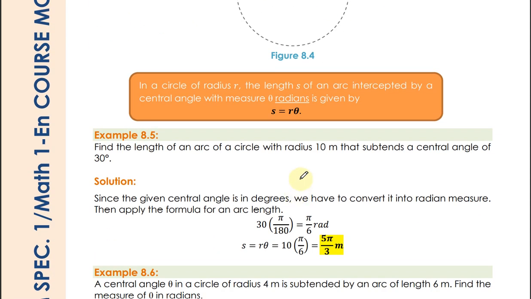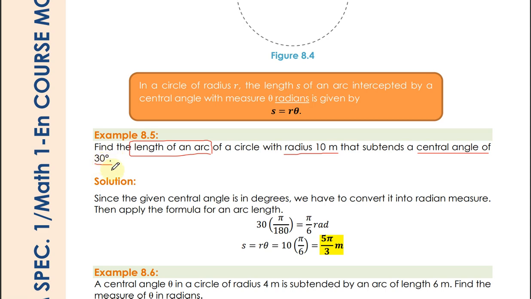For example, you are given a radius of 10 meters and a central angle of 30 degrees, and you are asked to find the length of arc, or S. First, your angle theta should be in radians, and the given is in degrees.